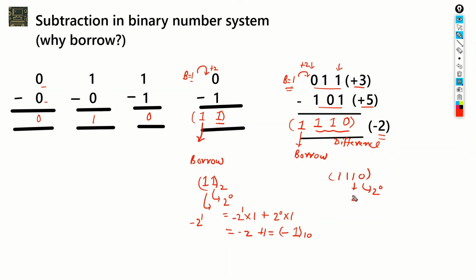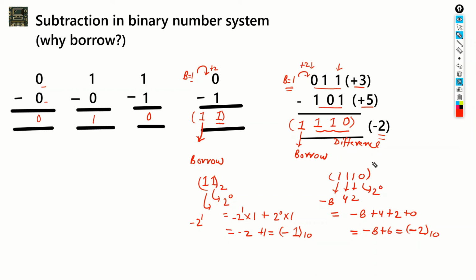The weight is 2. The weight is 4. The weight is minus 8. Okay. And the value will be minus 8 plus 4 plus 2 plus 0. And this is nothing but minus 8 plus 6, and this is nothing but minus 2 in binary.